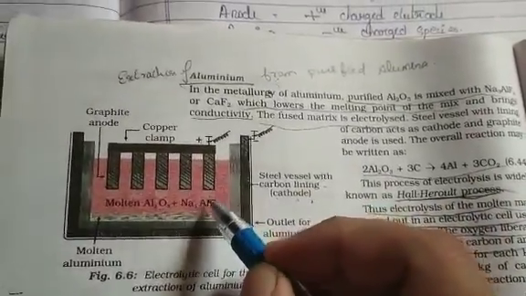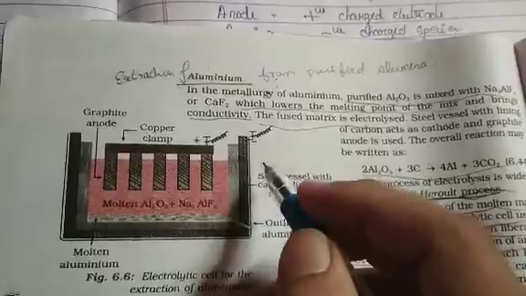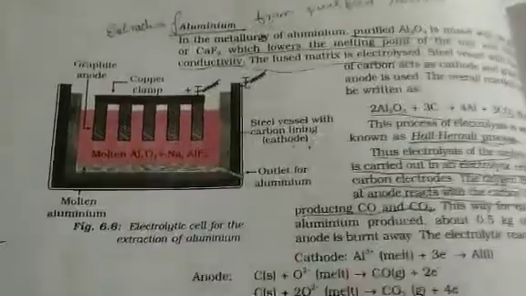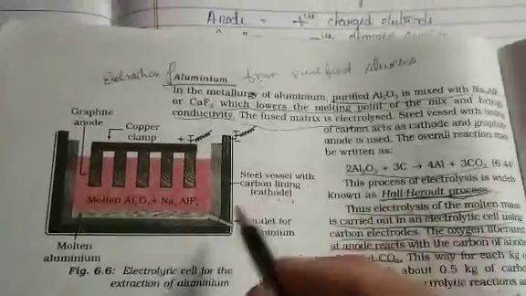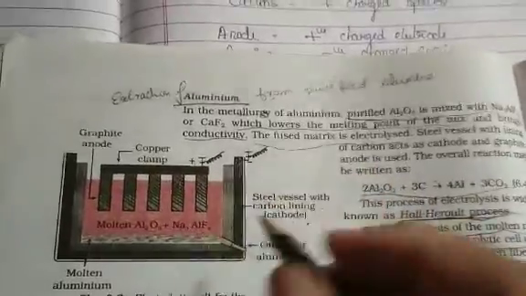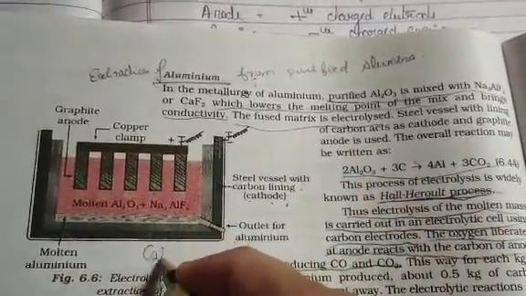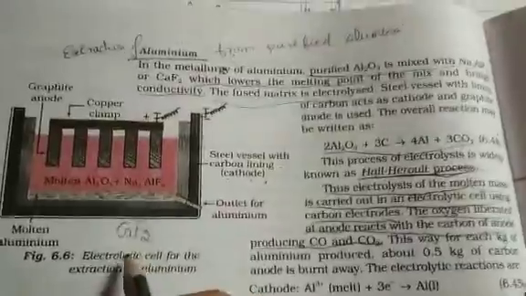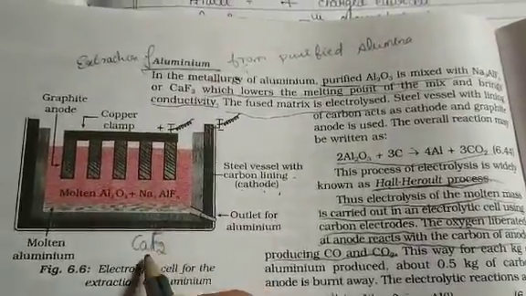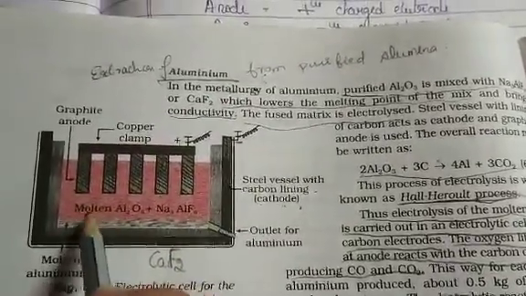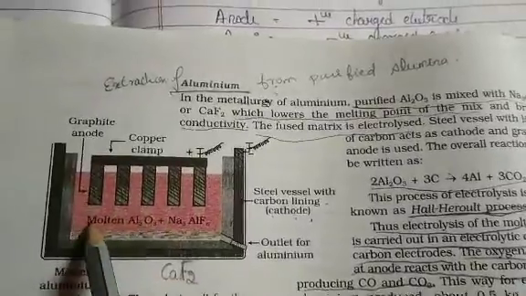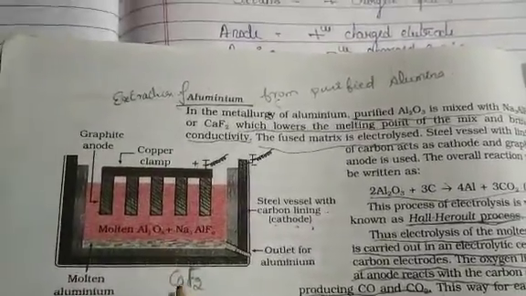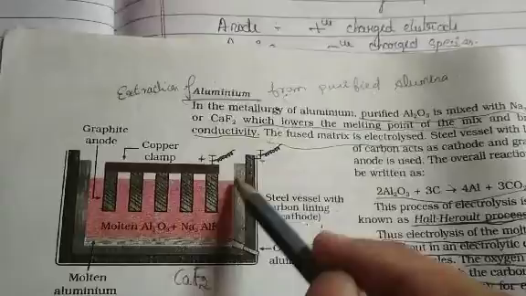Along with this cryolite, we are also going to add what? Calcium fluoride, CaF2. Remember why we add it: in order to lower the melting point of the molten alumina and also to increase the conductivity.